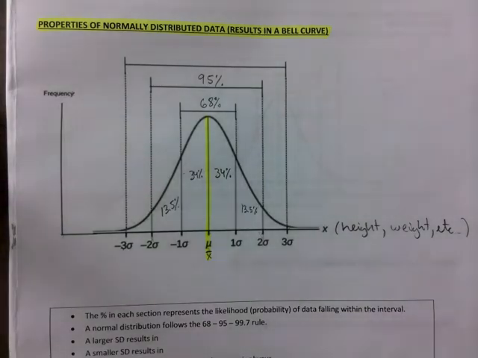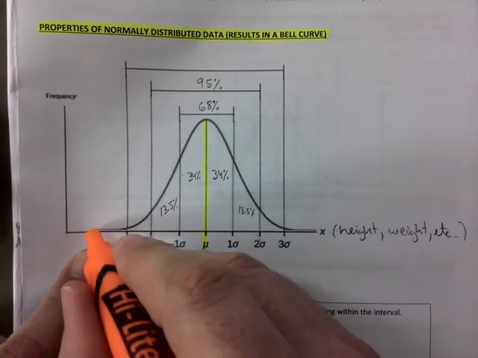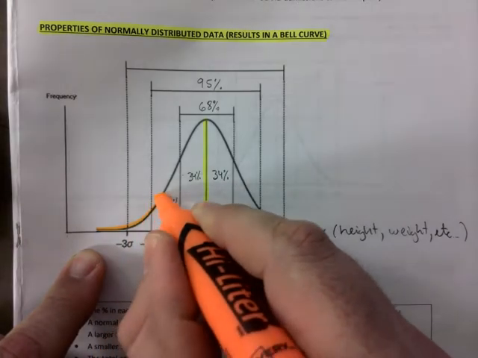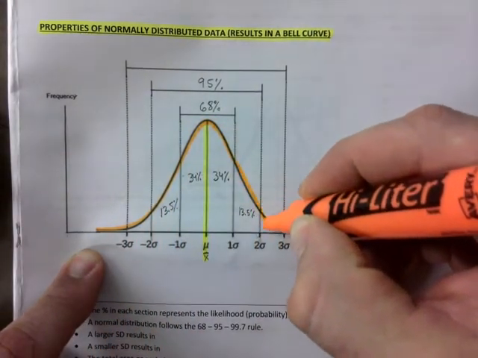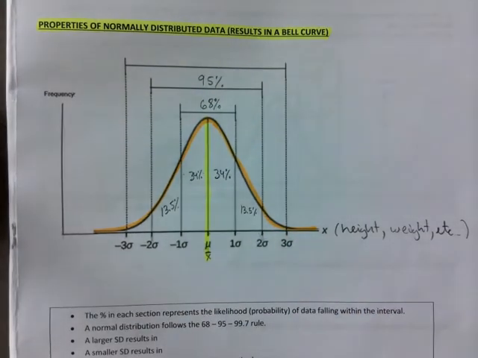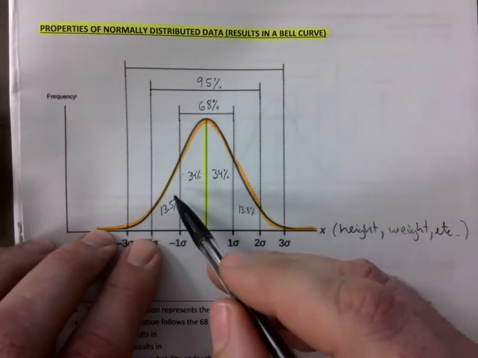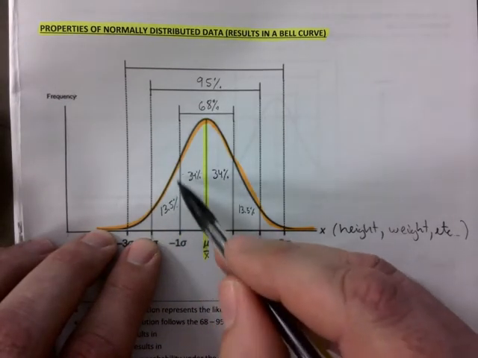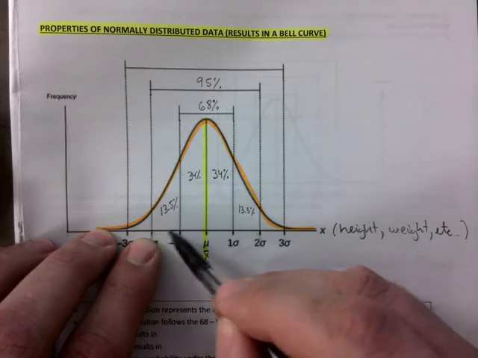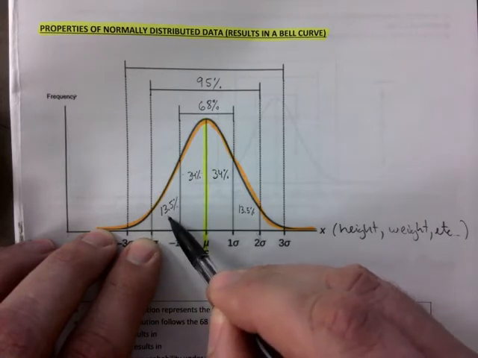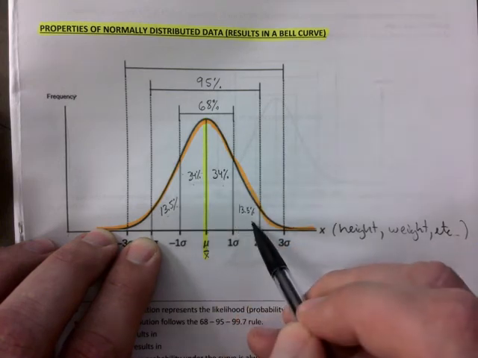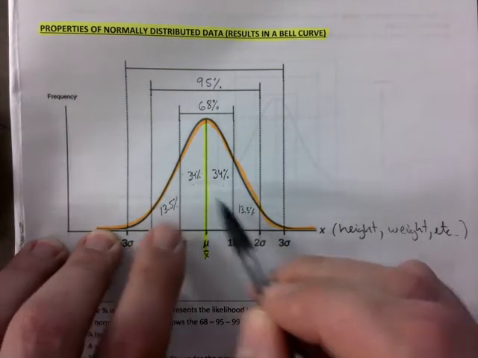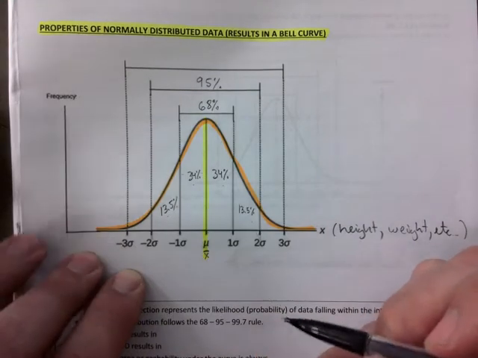I want that curve to really stick out, because the curve is what we're focusing on. The area under the curve between these is 13.5%, 34%, 34%, 13.5%. Notice that you can see the symmetry in the numbers that I'm adding, okay?